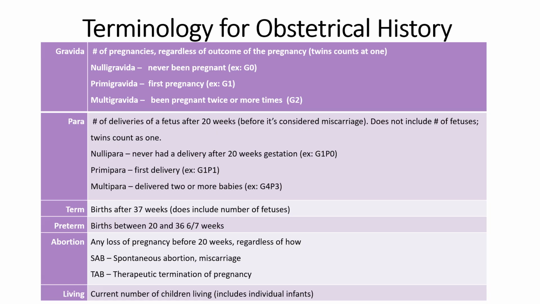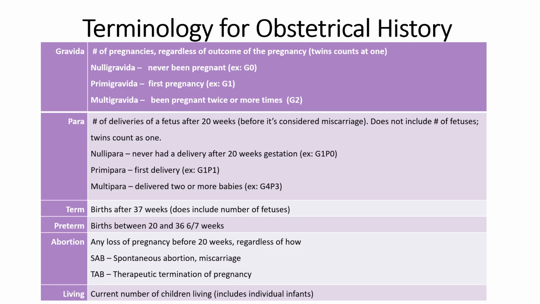Primigravida means this is your first pregnancy. And multigravida means you've been pregnant 2 times or more. So if you are a G0, that means you've never been pregnant. If this is your first pregnancy, you will be a G1. And if you have multiple pregnancies, you will be a G2, G3, G4, etc.